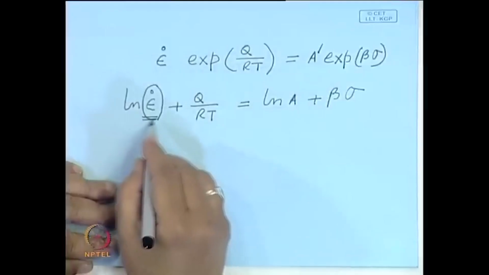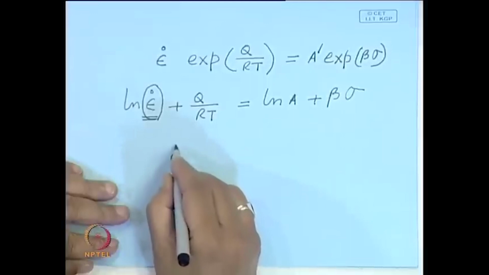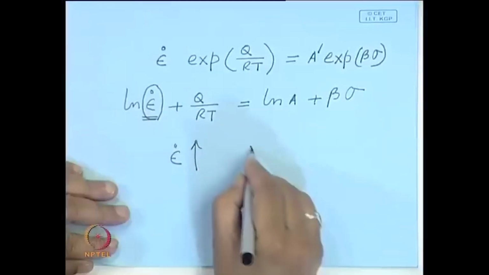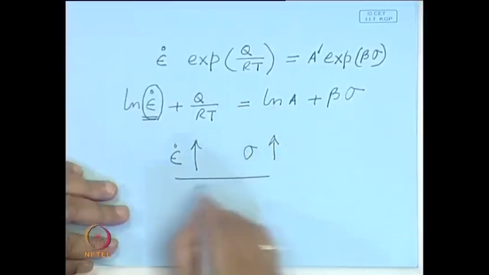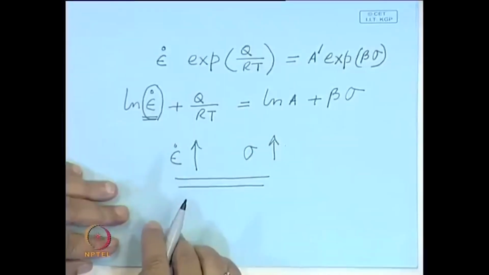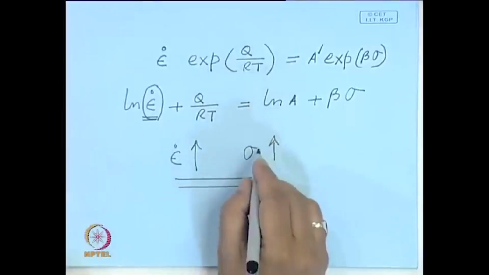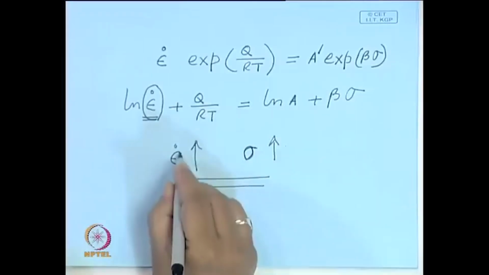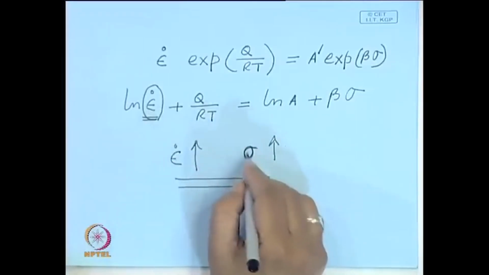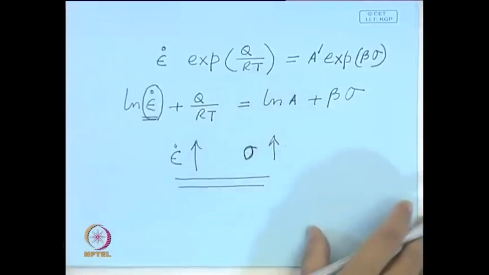It is evident from here that if you increase strain rate, the flow stress increases. That means your processing units, the press, hammer or rolling mill, should be able to withstand higher stress. If you are rolling at a higher speed, the rolling mill should be able to withstand higher stresses.